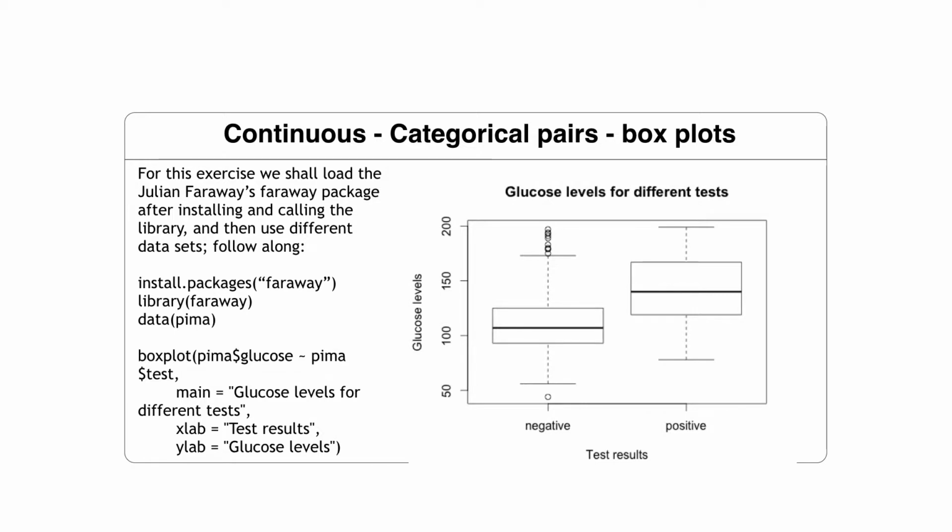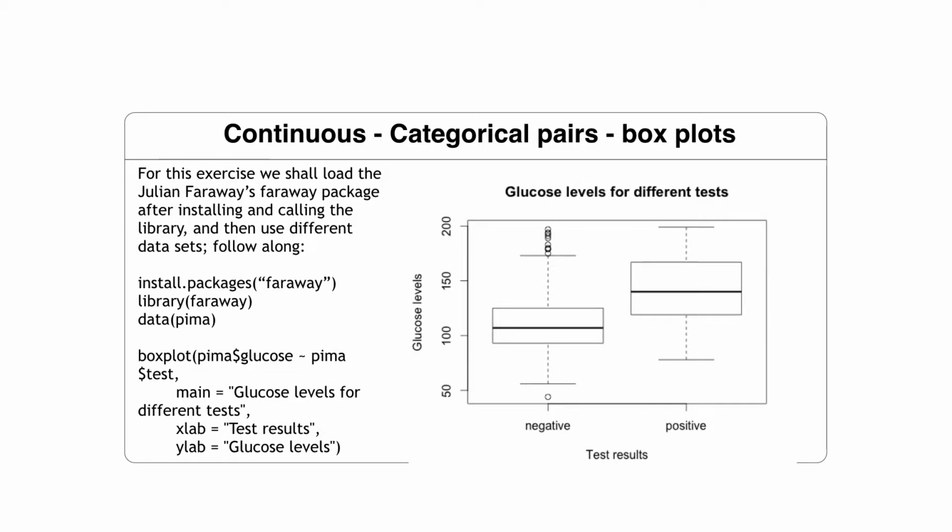And you can see in this box plot that the positive and negative results do not overlap. And there is a considerably high value for glucose levels for people who had positive test results, versus those for whom the test was negative, who show a lower glucose level. That's very, very obvious.